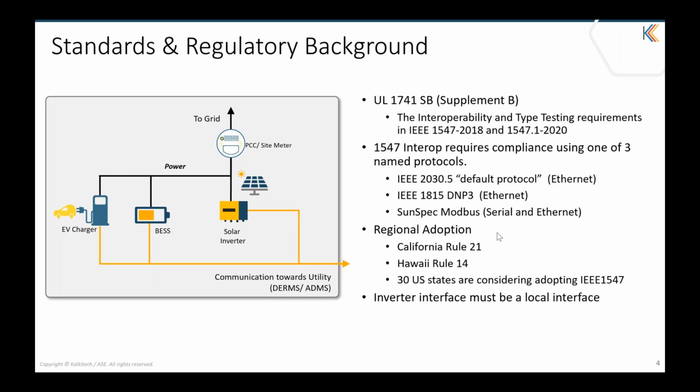So these are the 2 driving standards which define the interconnection of DER with the utilities. In addition to that, there are a lot of regulatory standards as well. For example, California's Rule 21, released by the California Public Utilities Commission, CPUC, mandates that communication should be IEEE 2030.5.